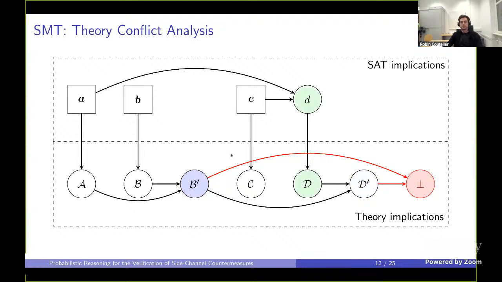So what we do is we say, okay, well, now D must be part of the explanation. This is something that the SAT solver understands, and so this is acceptable. Now we still have B prime, which is still not understood, and we do the exact same. B prime was implied by A and B, therefore, this will be part of the conflict clause. And so this conflict analysis procedure essentially is just keeping track of where things come from, and then going backwards to justify them.